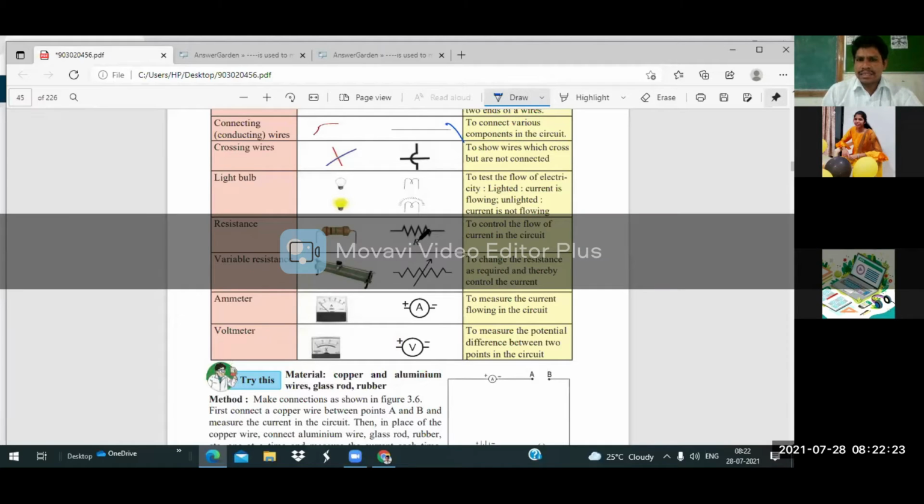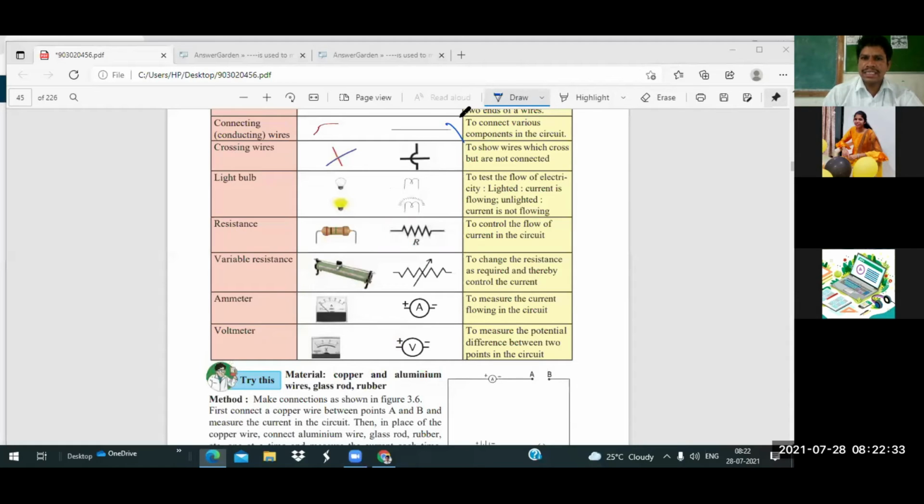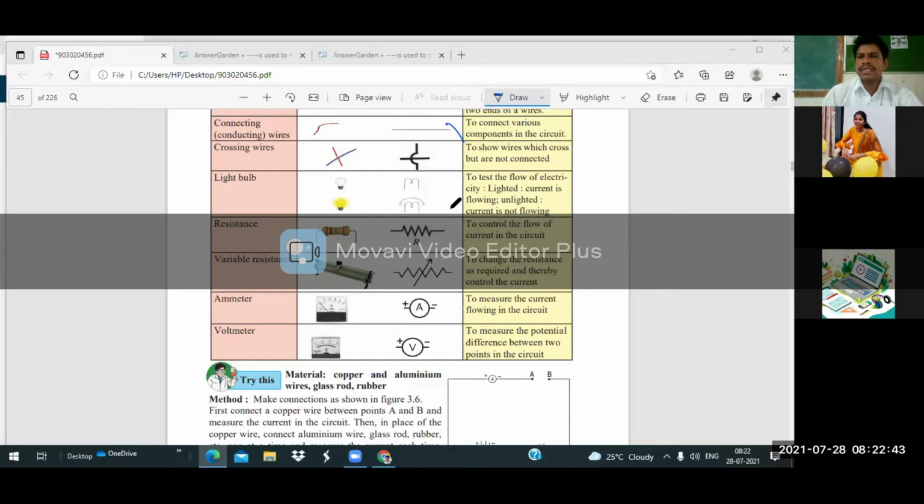This resistor is used to stop or control the flow of current. What is the function of this resistor? To control the flow of current. If it is not present, then whatever current we provide in that circuit will pass, and it is impossible for us to control it, and due to that the circuit may be damaged and break down.